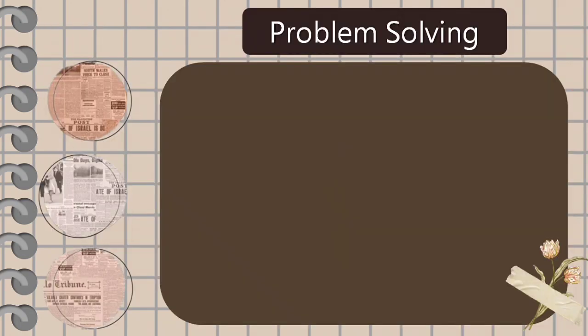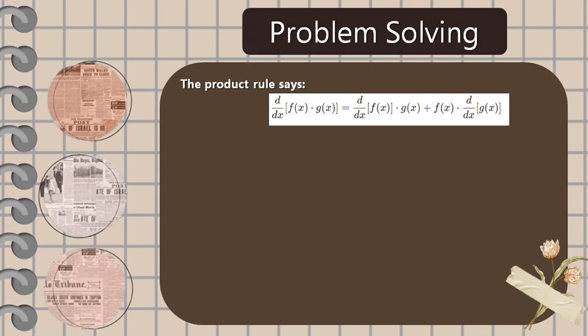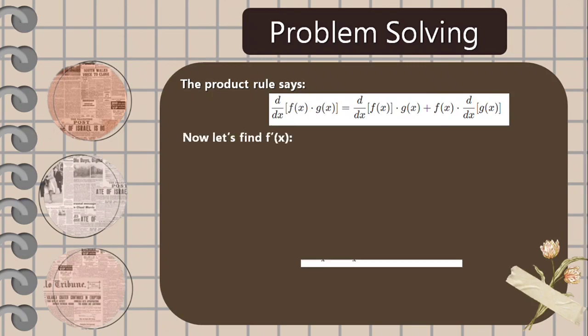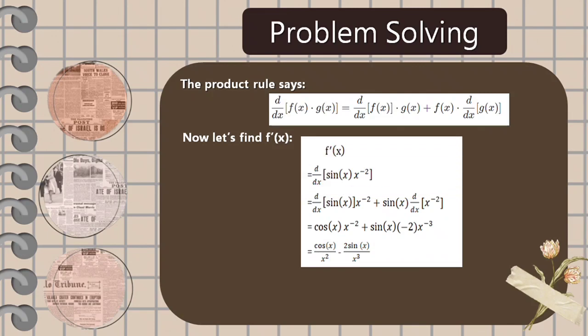To solve this problem, the product rule says the derivative of f of x times g of x is equal to the derivative of f of x times g of x plus f of x times the derivative of g of x. Now let's find f prime of x. For the derivative of sine of x times x to the power of negative 2, we will apply the product rule.